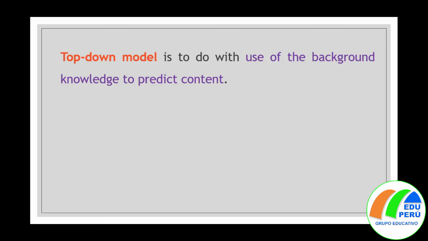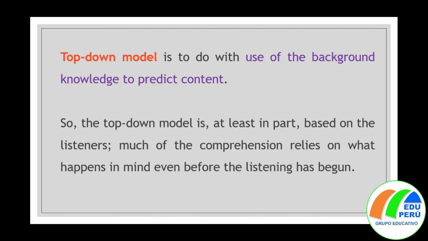You are inferring. So the top-down model is at least in part based on the listeners. Much of the comprehension relies on what happens in mind, what you think, even before the listening has begun, because it's about your prior knowledge, all right?